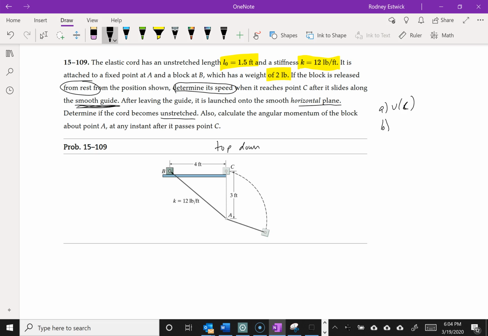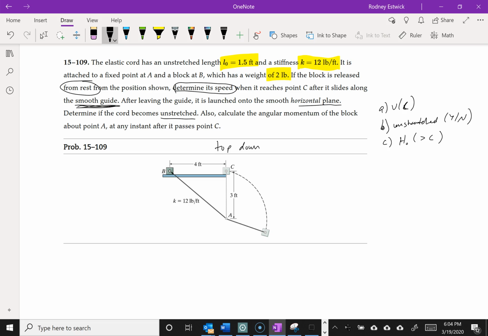And onto the smooth plane. Unstretched. Yes or no? And then angular momentum after C, I'll say.